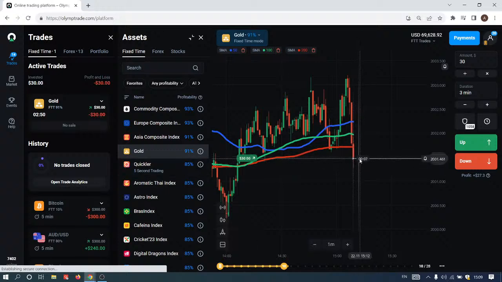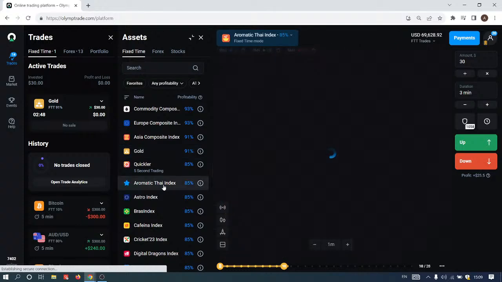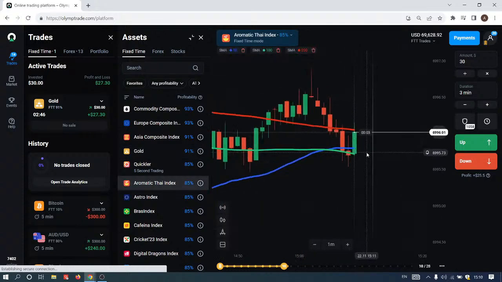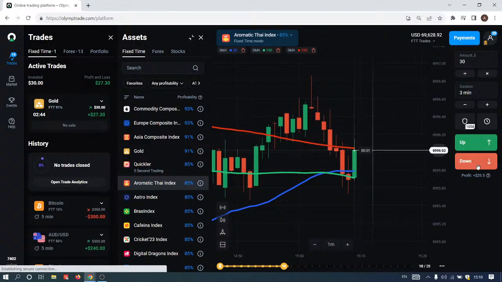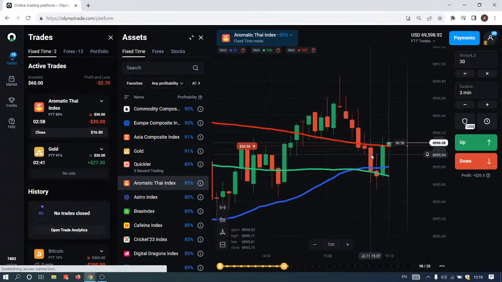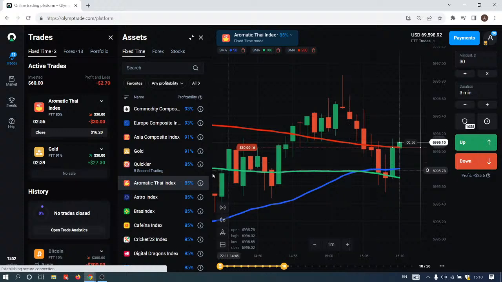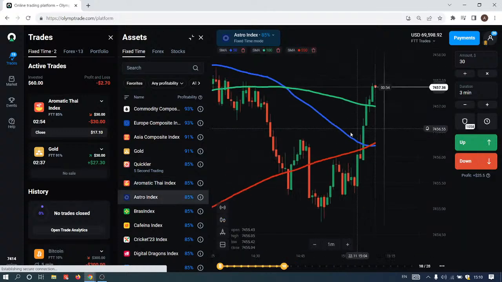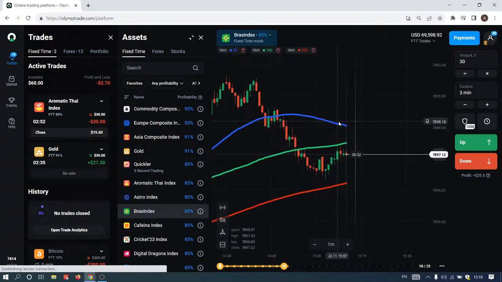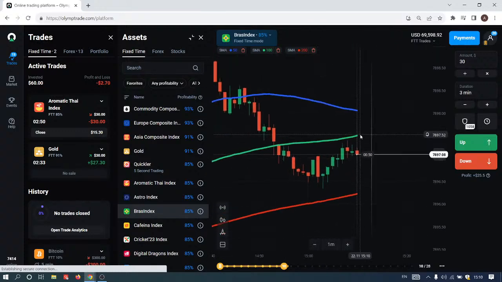It's not the best trade to explain how this stuff works, so let's go ahead and open a down trade here. No, hold on, let me find that perfect trade for you, and I will explain how this strategy works.